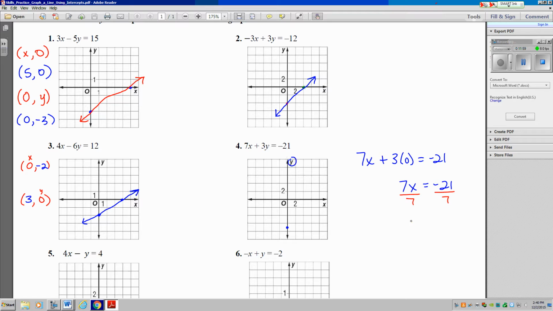The 7's go away, and -21 divided by 7 is -3. So now as long as I'm solving for an intercept, when x equals -3, that's my intercept, I can go to the x-axis to -3, and I can now draw my line.